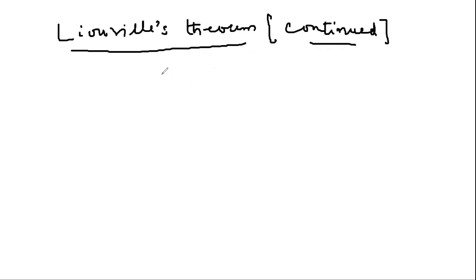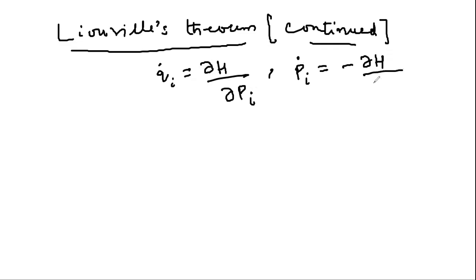First, we labeled Hamilton's equations of motion. Let me write those equations. qi dot is equal to dou H by dou pi, then pi dot is minus dou H by dou qi.